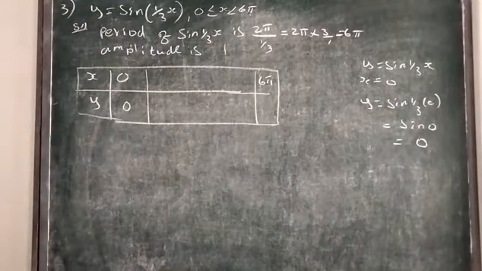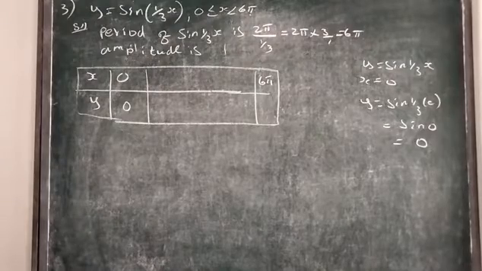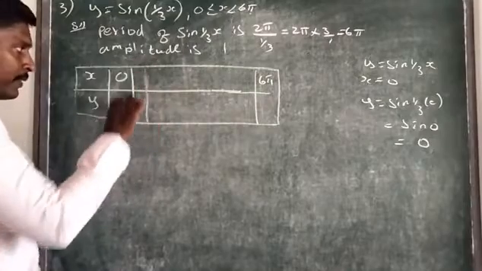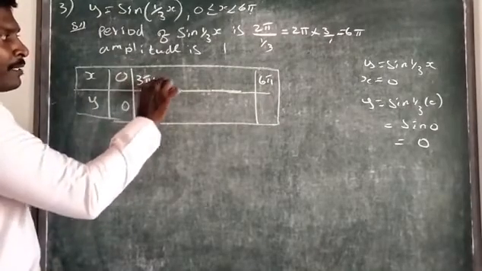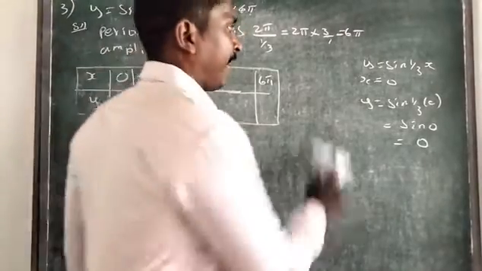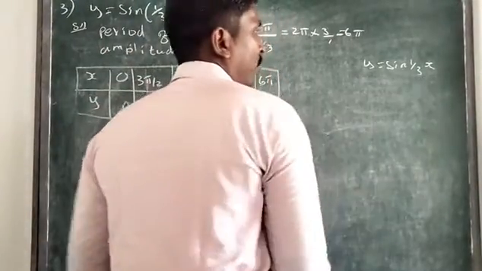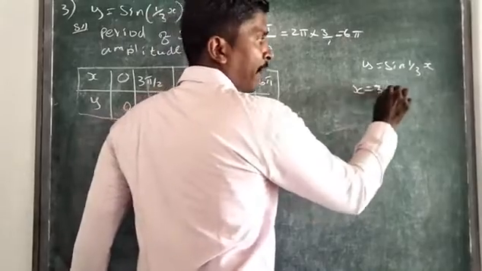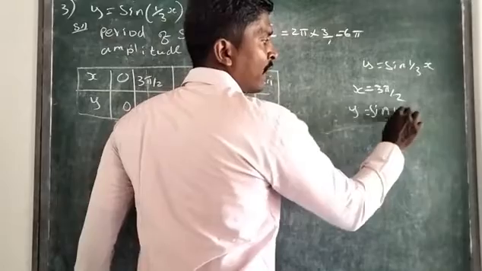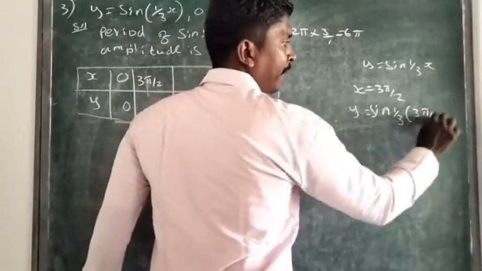Next we are going to find at 3 pi by 2. Instead of x I am going to substitute 3 pi by 2. Take x equal to 3 pi by 2, then y equal to sin(1/3 into 3 pi by 2).